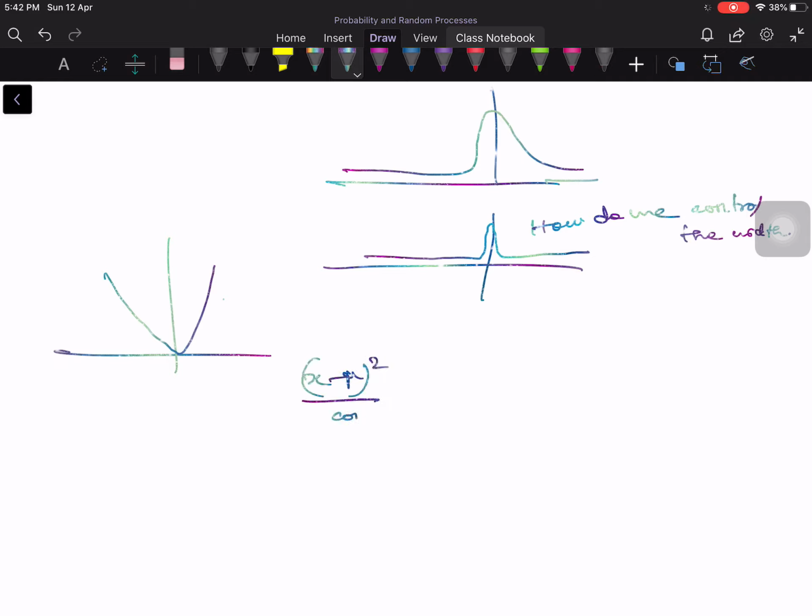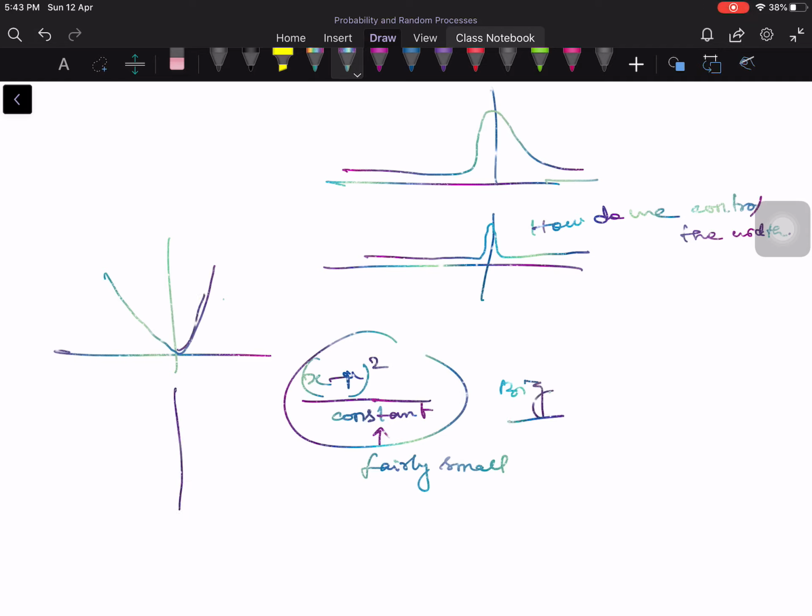If this constant is a fairly small number, the whole thing will be a big value. Therefore it rises very sharply, and if you take the negative exponential of this, then you have a curve like this.